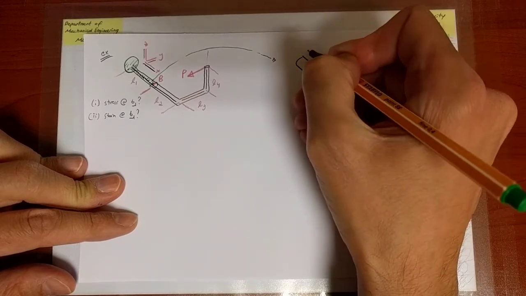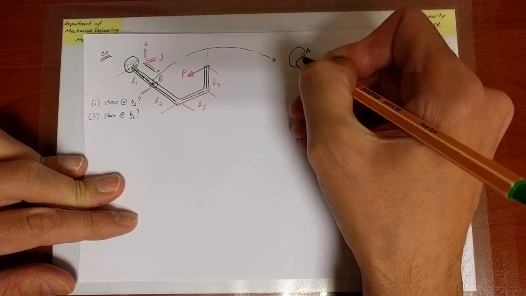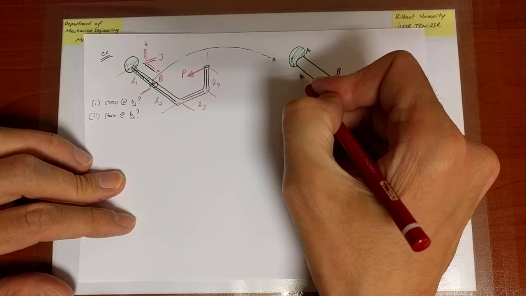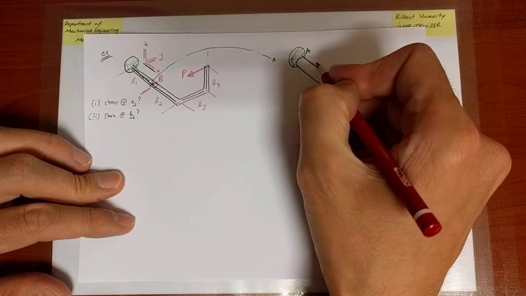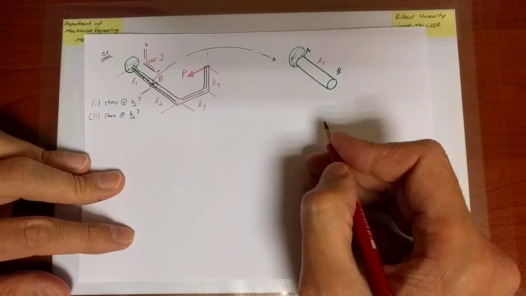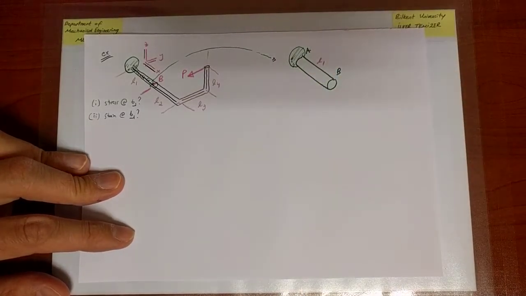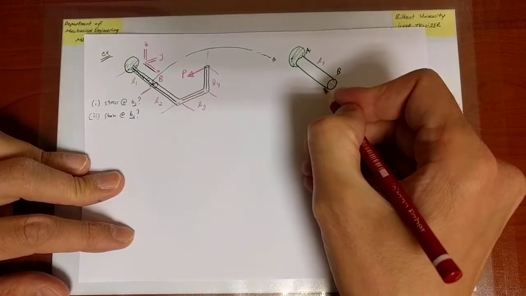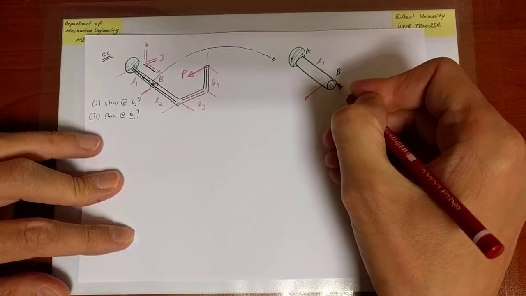This is point B, support at A. The beam is supported fully at that point. This distance is L1. And why don't I zoom into this cross-section now and draw it more clearly over here.